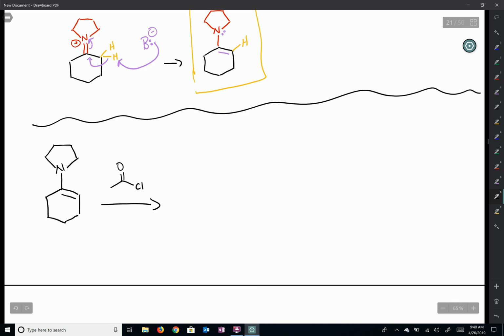Well, whenever you guys see an enamine, this is where the magic's going to happen, right? We're going to do this, and do this, if we want to think about that being the steps of what's going to happen.